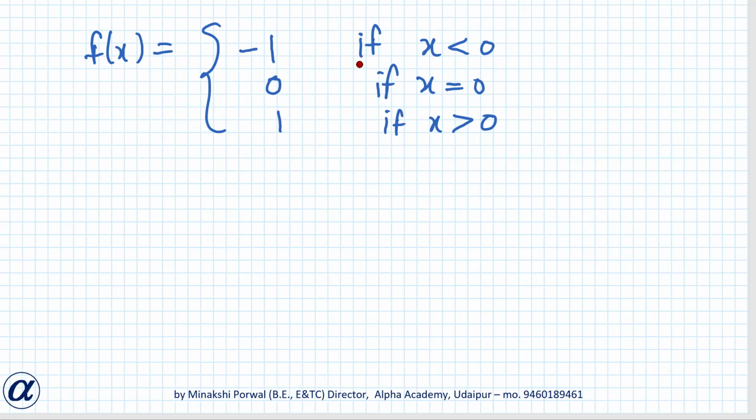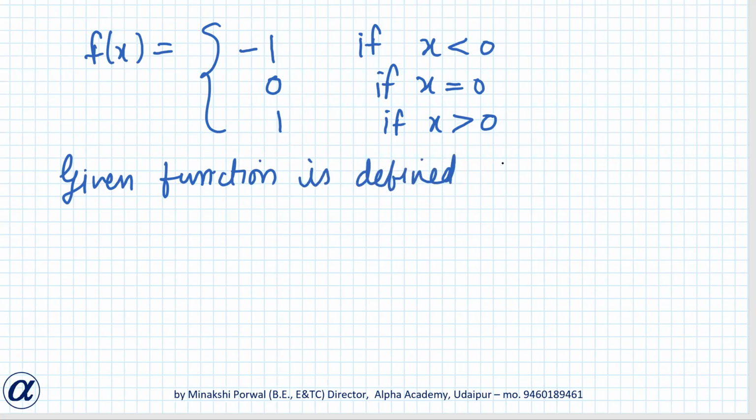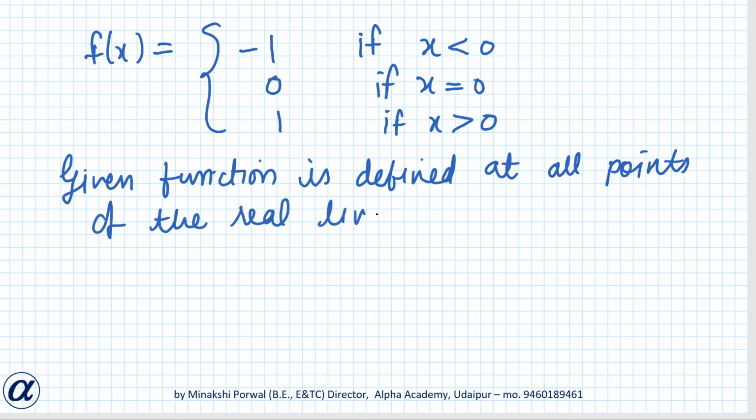Now how to write this? First of all we can write that the given function is defined at all points of the real line. Then let c be a point on the real line.